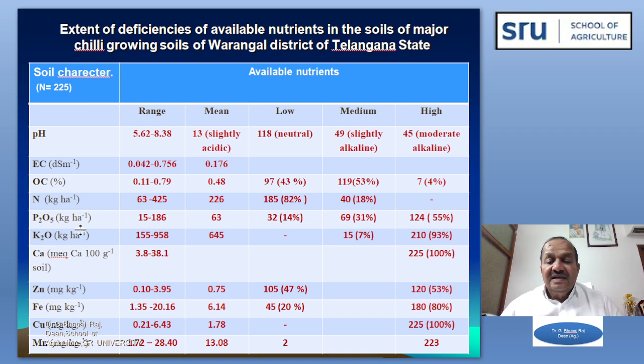Similarly, for potash, 93% of the soil samples had sufficient amounts. Zinc is the most important micronutrient element, and its deficiency is observed in different crops. Here you see that 53% of the soil samples collected in this region were deficient in zinc.